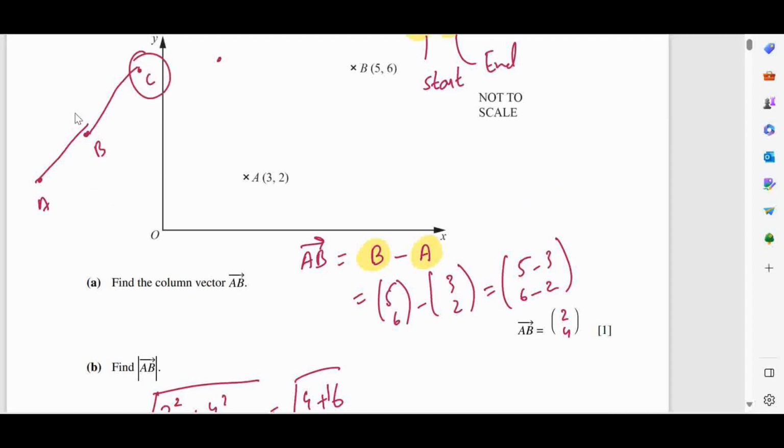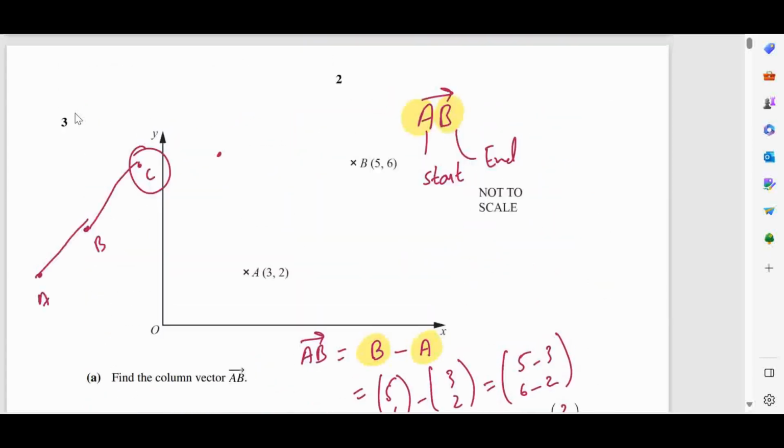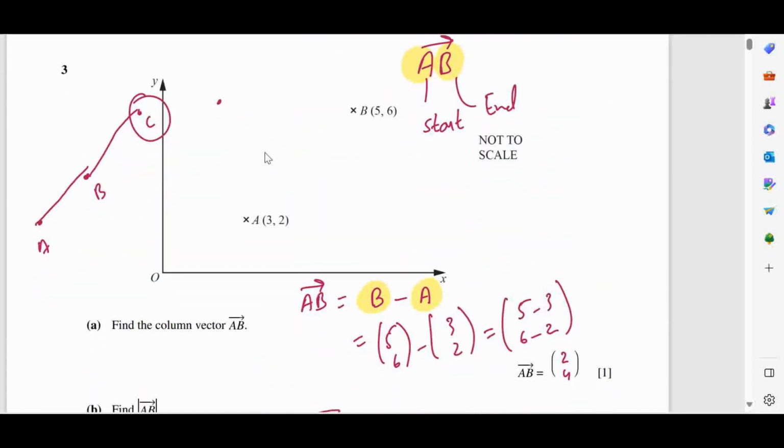We know the formula for the midpoint. B is the midpoint, so 5 and 6. Let's say the coordinates of C are X and Y, and the coordinates of A are 3 and 2.